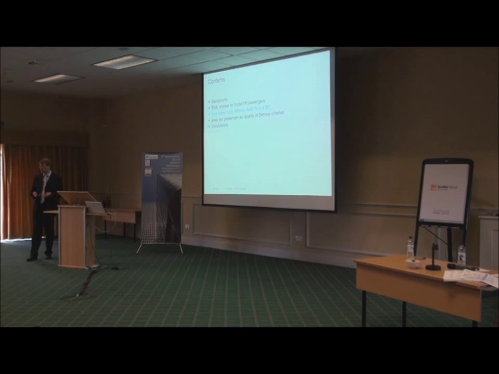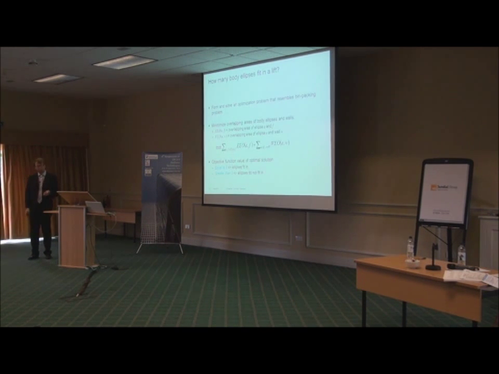That's why we formed a nice optimization problem that tries to find how many ellipses one can actually pack within the lift dimensions. And the idea is just to minimize the sum of overlapping areas of the body ellipses with each other and with the walls.